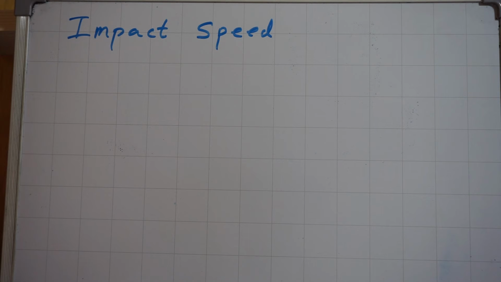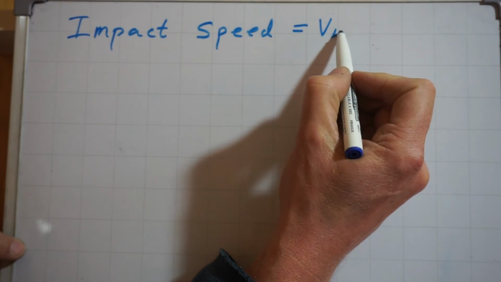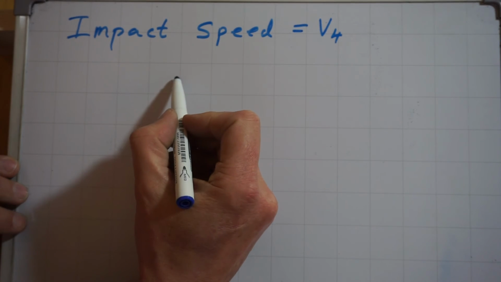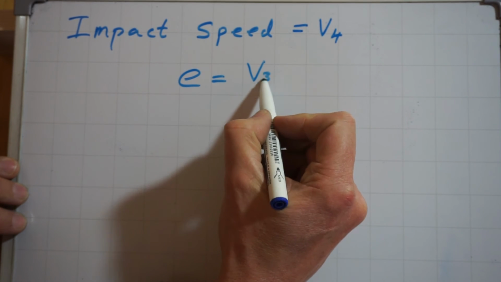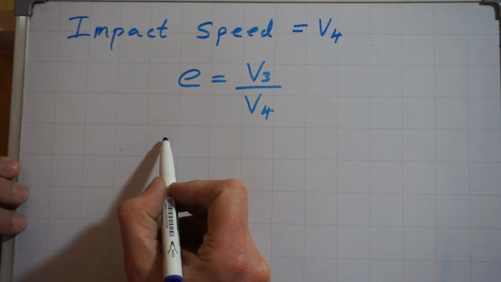Now, by considering the bounce and using the coefficient of restitution, we can calculate the impact speed, the speed at which the ball hit the table. We'll call this V4. We will do this using the coefficient of restitution. E will be equal to the rebound speed, V3, divided by the impact speed, V4.